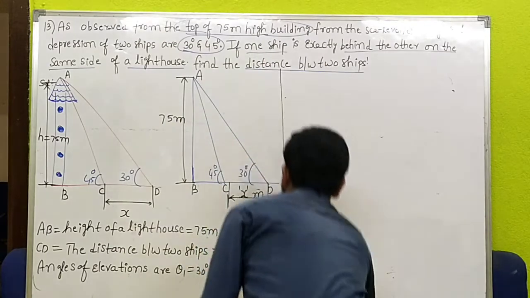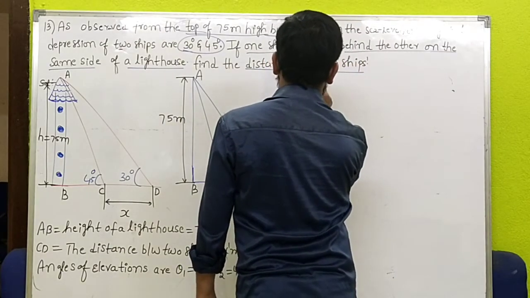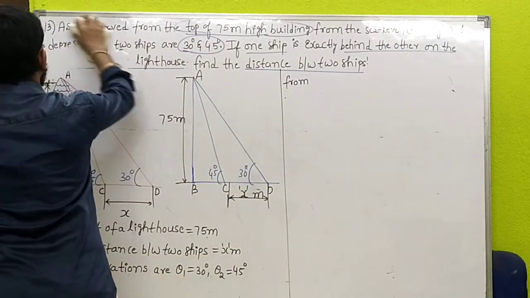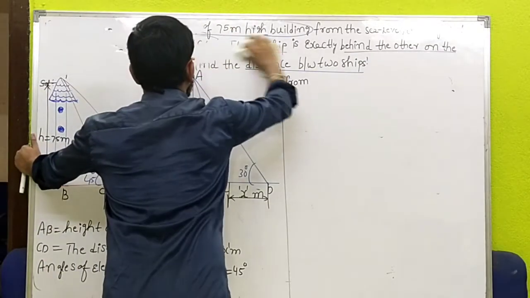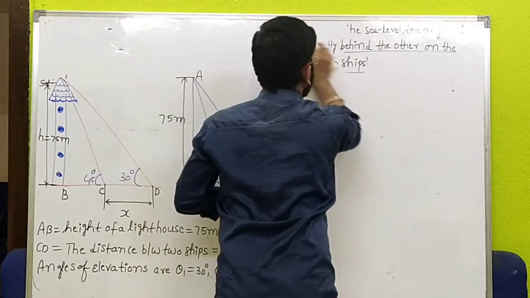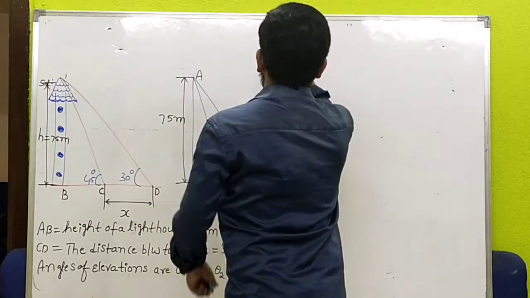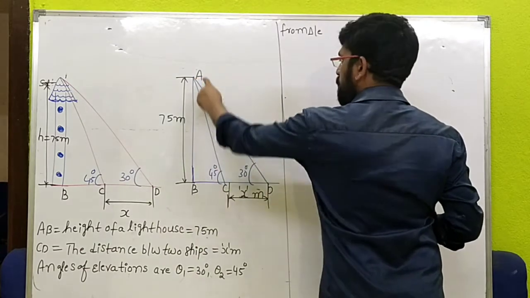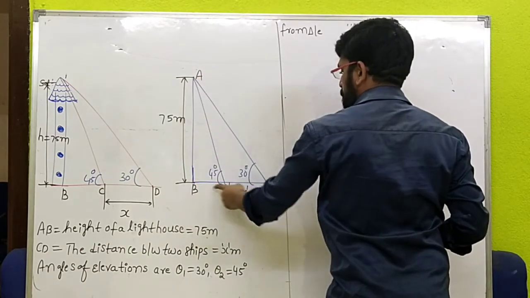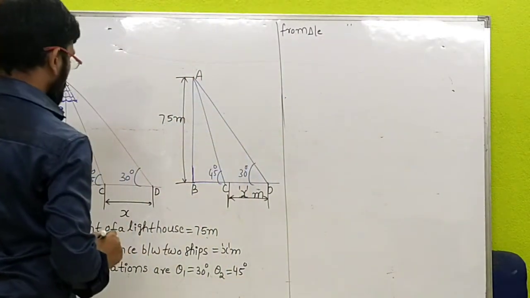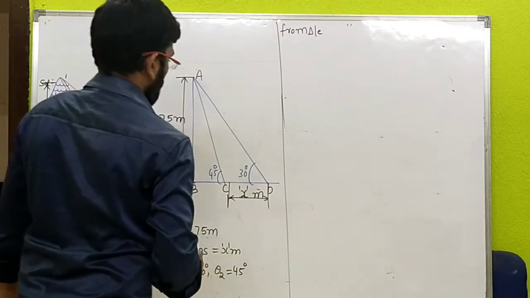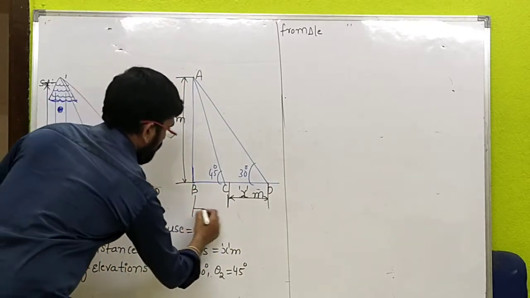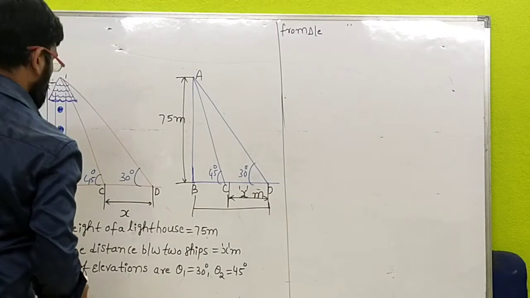Now we need to consider two triangles. From triangle ABC, if you want to find CD, how are you going to get it?